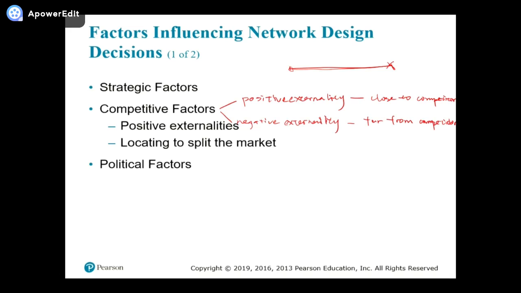And then the political factors. Basically, political factors influence the risks companies face when locating their facilities. In general, we would like to locate in countries and regions where it's politically stable.